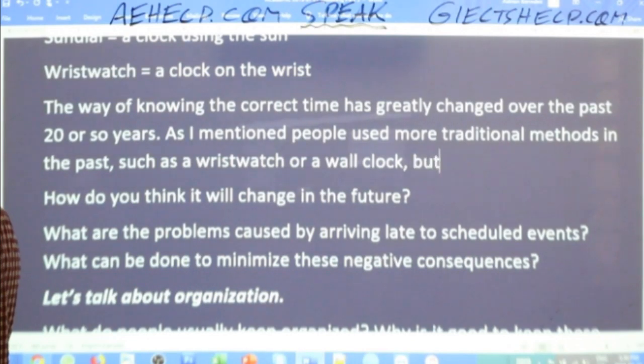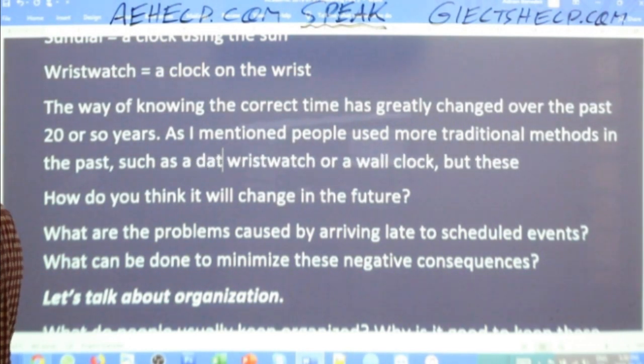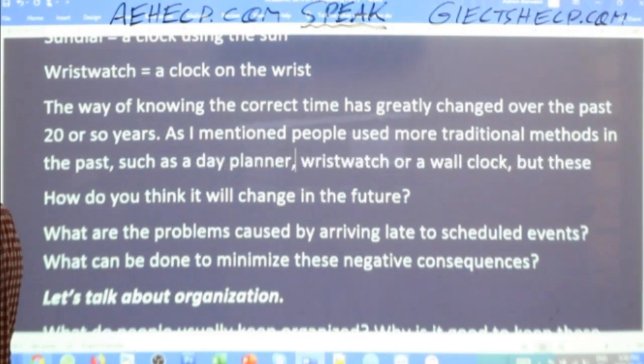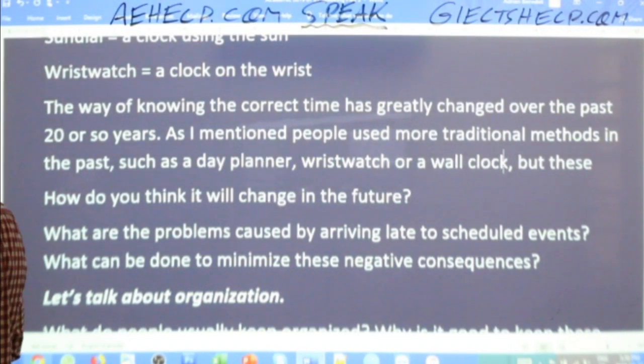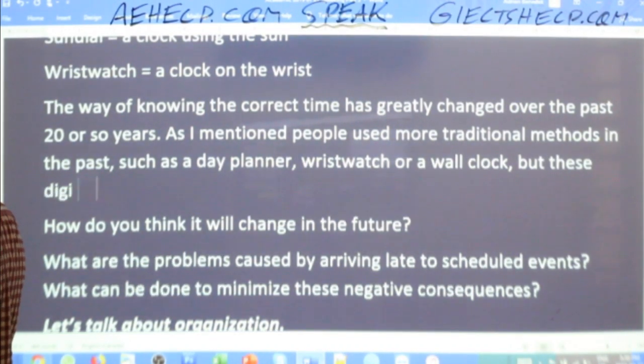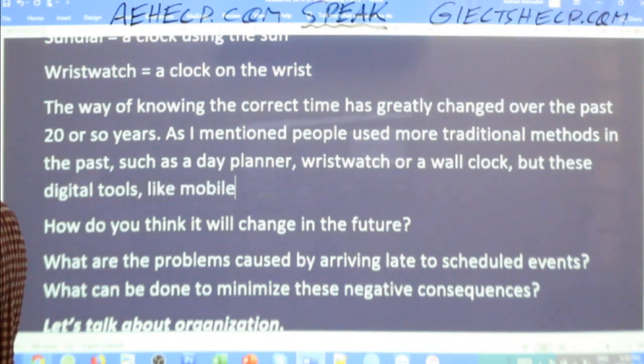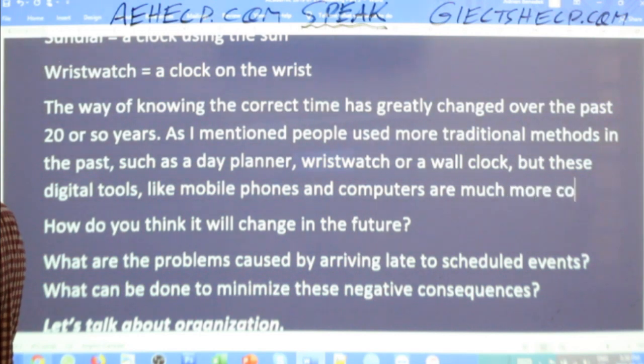But these days, digital tools like mobile phones and computers are much more common.